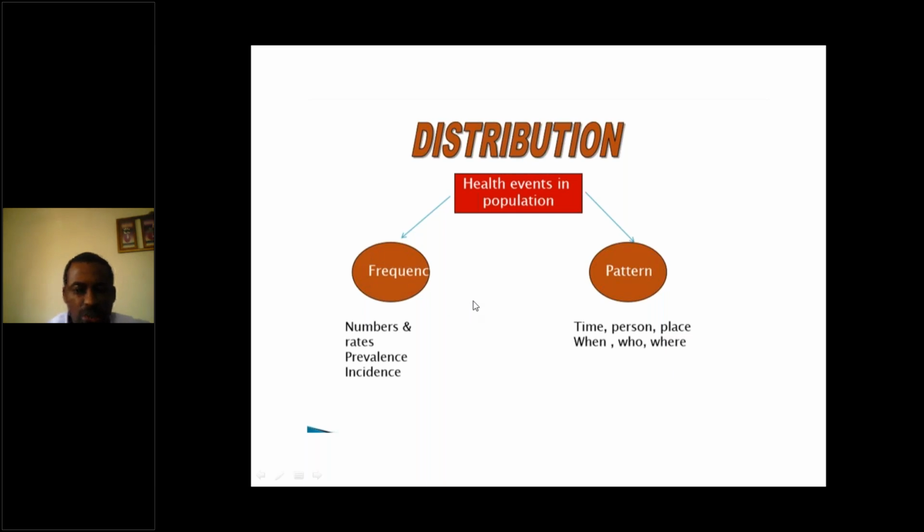So when we're looking at distribution, we look at the frequency and we look at the pattern. We are going to continue from here, from upper week, not next. Next week we'll be having another class on Thursday because we missed last week's class.